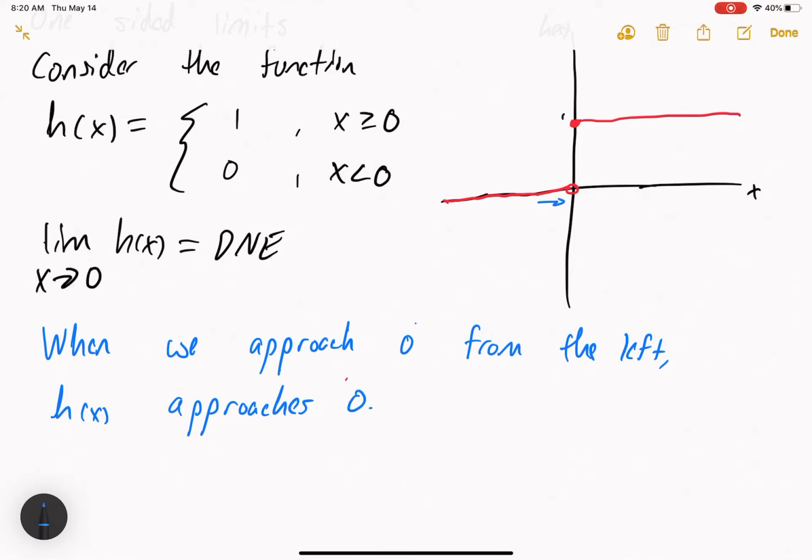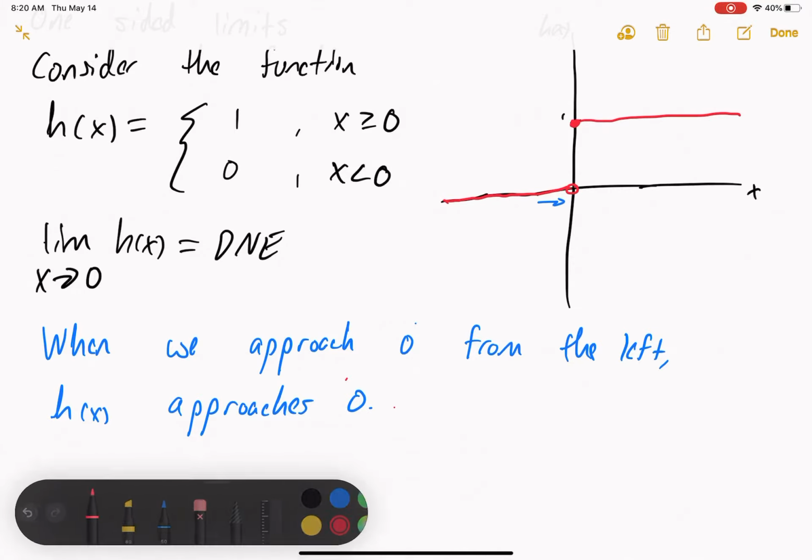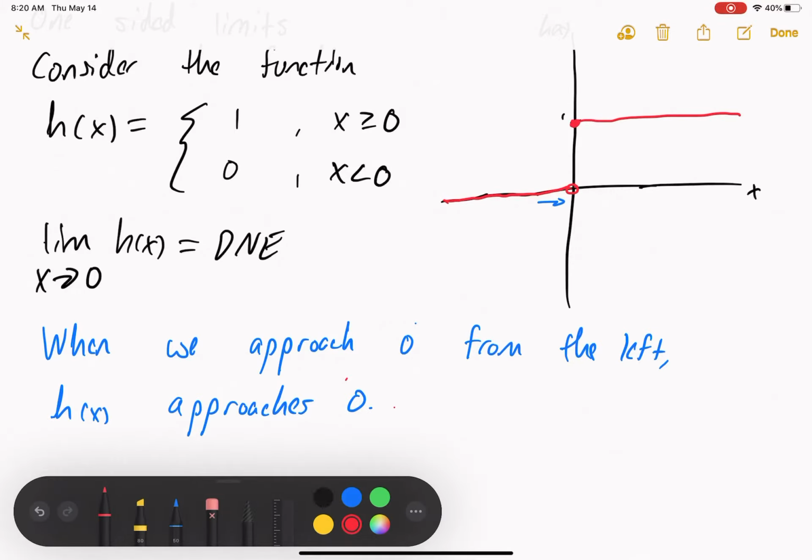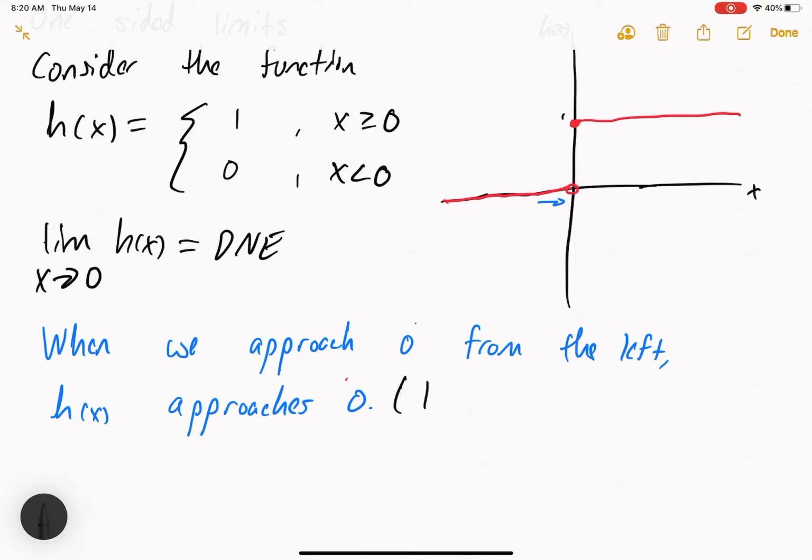And from the left just means we have to specify what the left means. Left means values where x is less than 0. That's what that means. We choose something that is less than the limit.